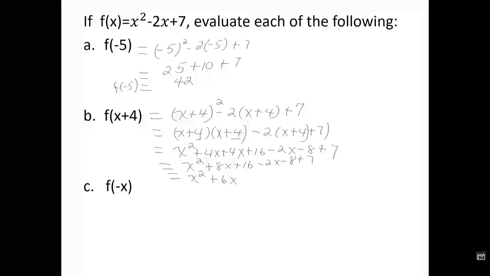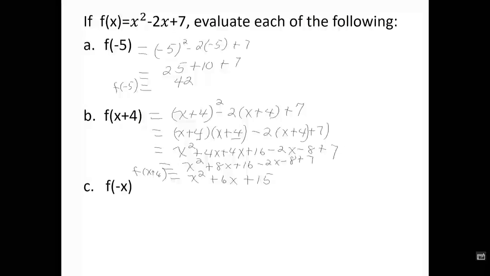Negative 1 plus 16 is 15. So therefore, f of x plus 4 is x squared plus 6x plus 15.